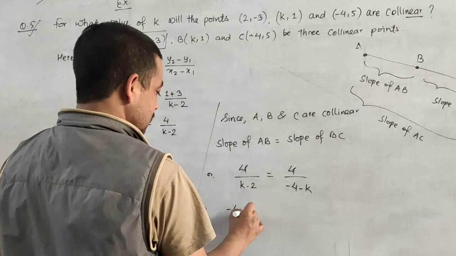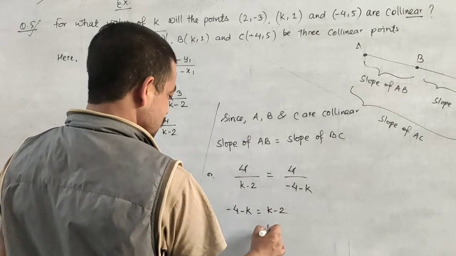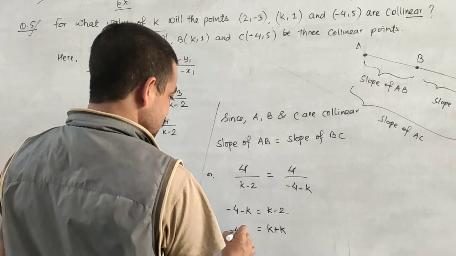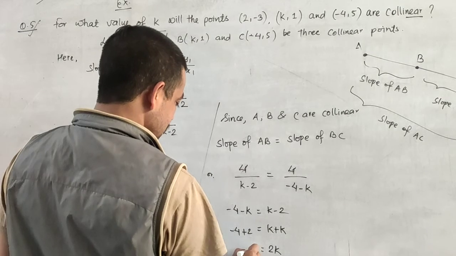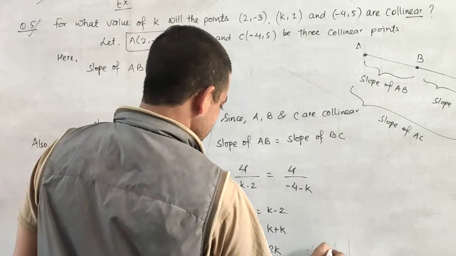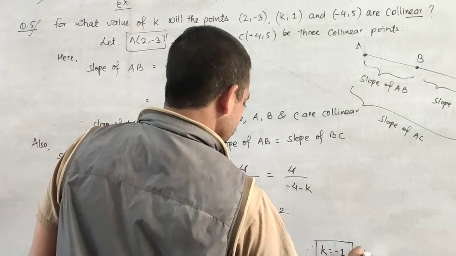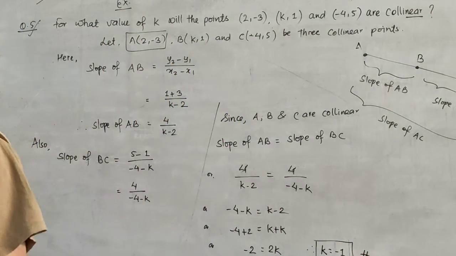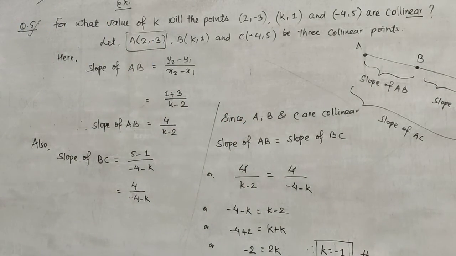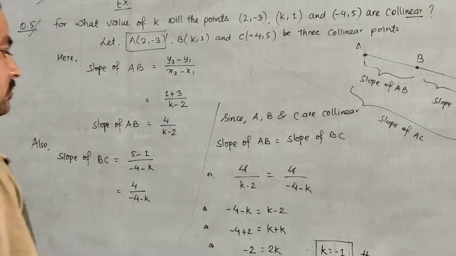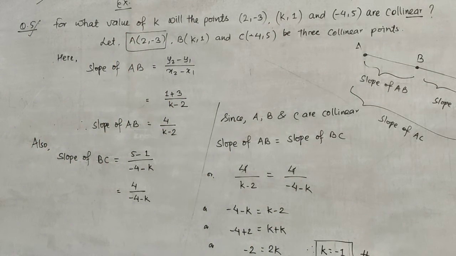Negative 4 minus k equals k minus 2. So k plus k equals minus 4 plus 2, 2k equals negative 2. The value of k is negative 1. The required value asked is k equals negative 1. In this way we can do it, using the slope method.